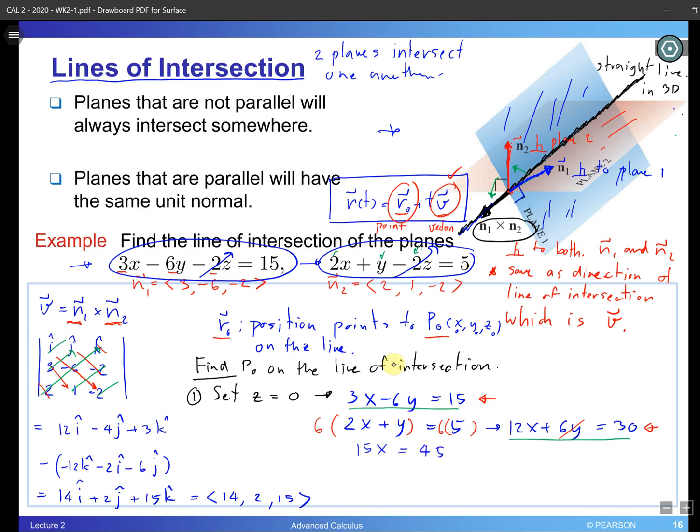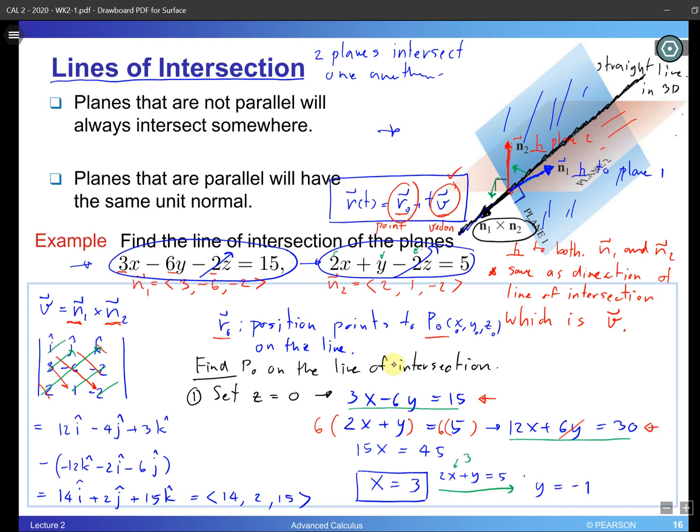Solving this, I get x equal to 3 as the first component for point P0. Now this is not enough because I need the y component as well. So let's take a look at this equation, 2x plus y equal to 5. Now I am going to put 3 in here. So I have 6 on the left hand side. I move it to the other side and I get y equal to minus 1.